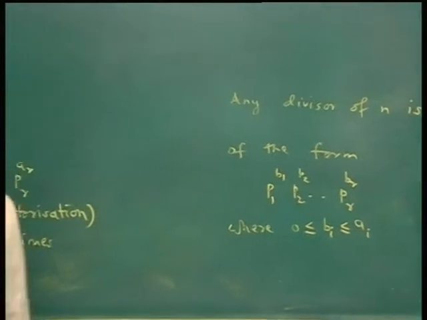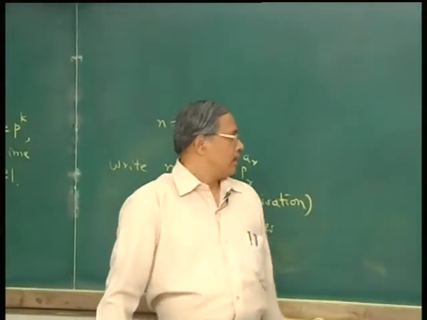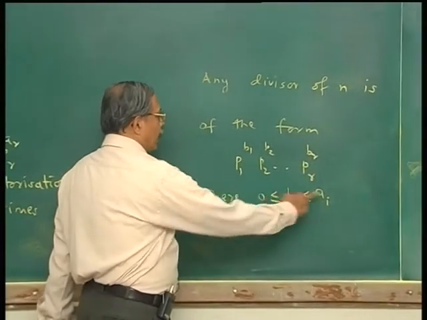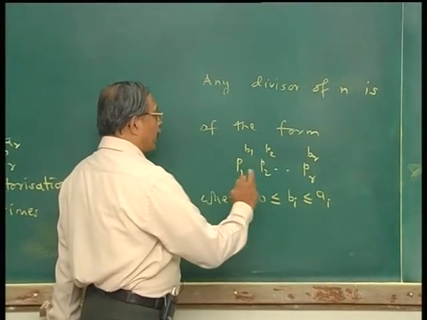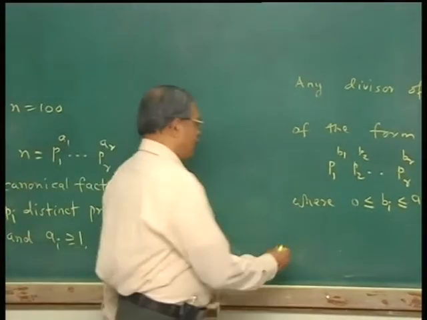So how many possibilities are there for these bi for a given i? bi can be any number from 0 to ai. So 0, 1, 2, 3 up to ai. So the possibilities for bi are ai plus 1.